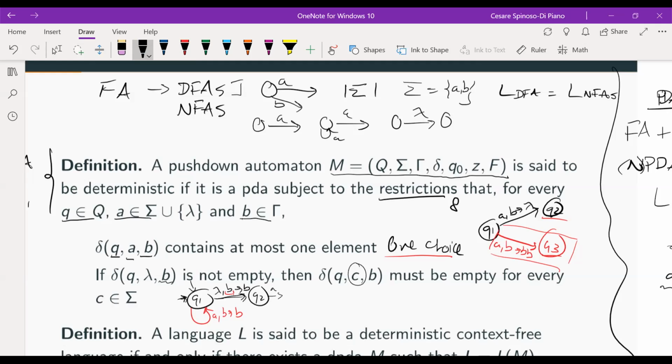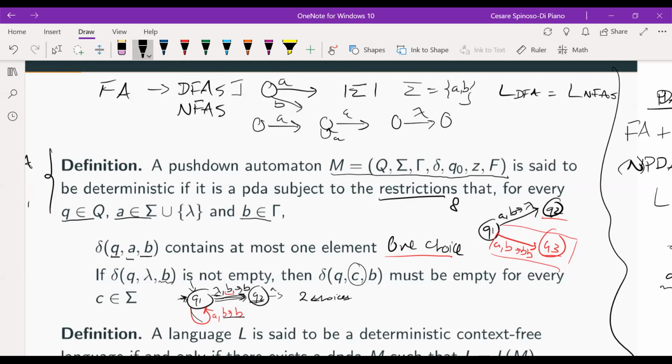Or you can read an A here, do nothing to your stack, and then using this lambda transition, because I haven't touched my stack, I can then go to Q2 again. So there's two ways of going to Q2 if you're reading an A. You could just not read it and go to Q2 directly, or read the A in Q1 and then go to Q2. So actually here there are two choices.